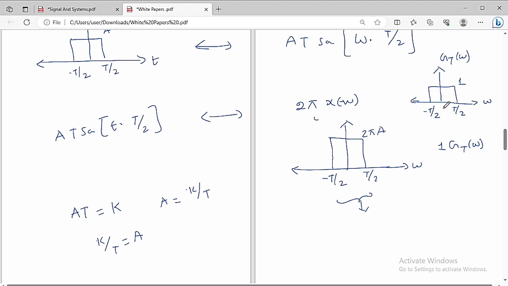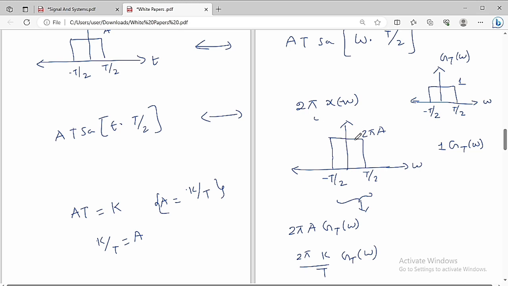So we can write this in the format of 2 pi A into G T of omega. What is A? A is nothing but K by T. So 2 pi A is nothing but 2 pi K by T, into G T of omega. G T of omega has a width of T and an amplitude of 1.